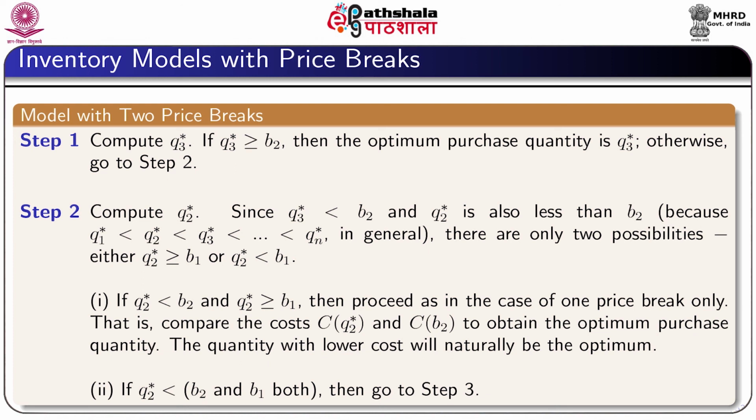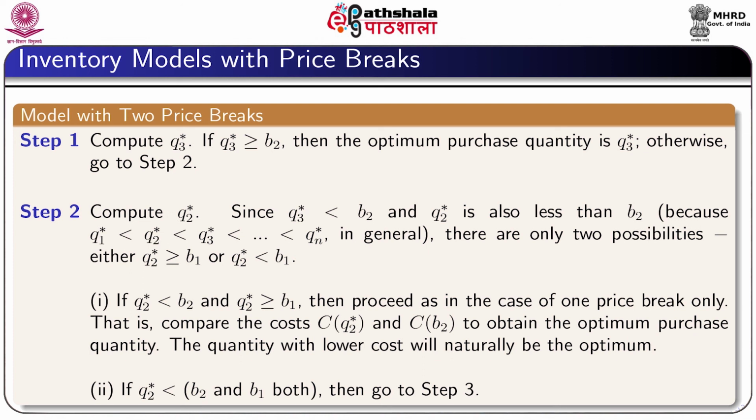Now, if Q2* is less than B2 and Q2* is greater than or equal to B1, then proceed as in the case of one price break only, that is compare the cost C(Q2*) and C(B2) to obtain the optimum purchase quantity. The quantity with lower cost will give the optimum solution.